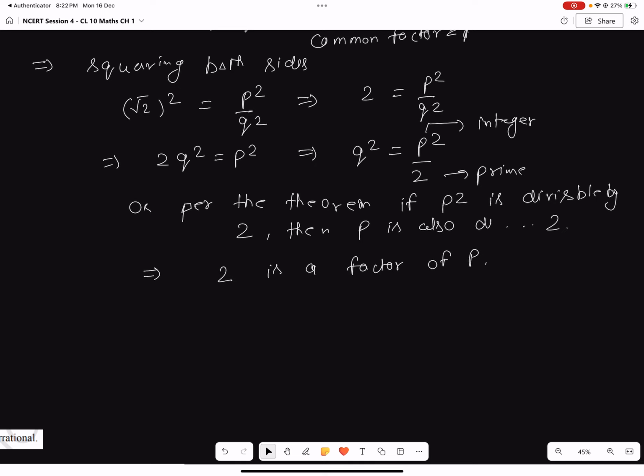That's right. Okay, so now step number 2, now we can say p equals 2r, right?